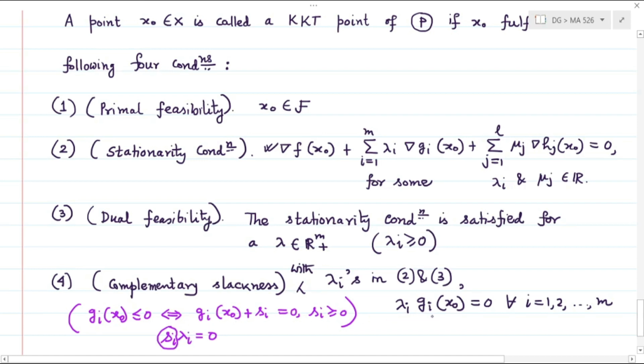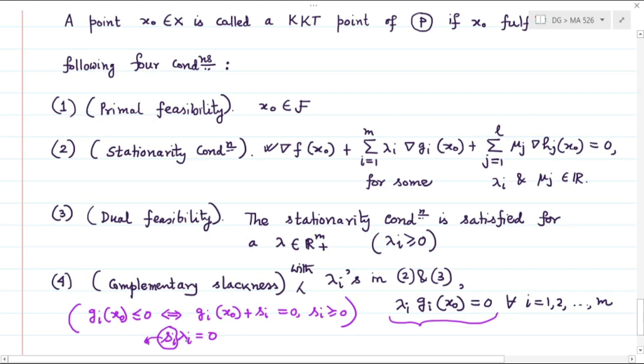If you have lambda i gi(x0) equal to 0, then obviously you have from here that si times lambda i is equal to 0. As the si's are slack variables, to get 0 you are multiplying by lambda i.